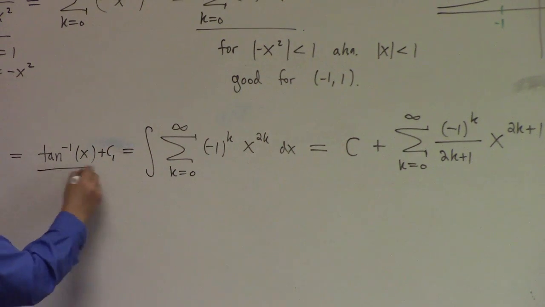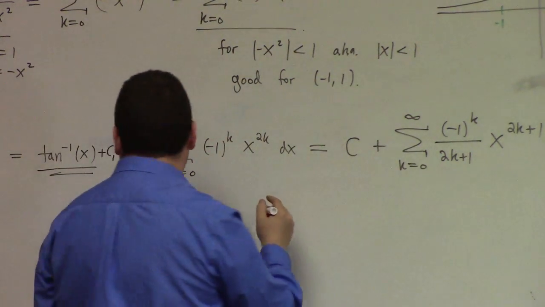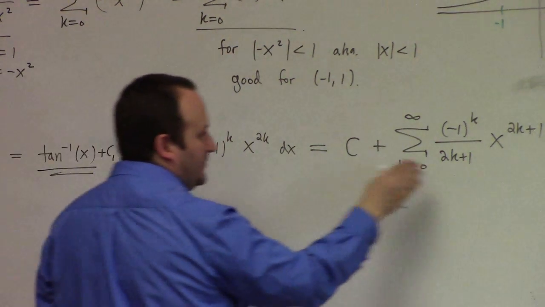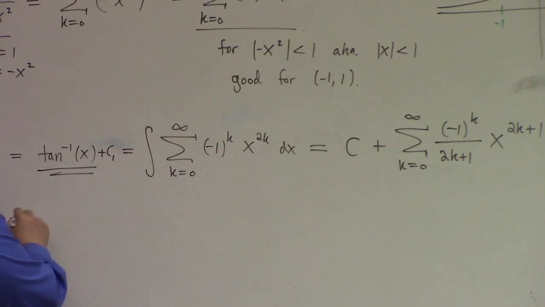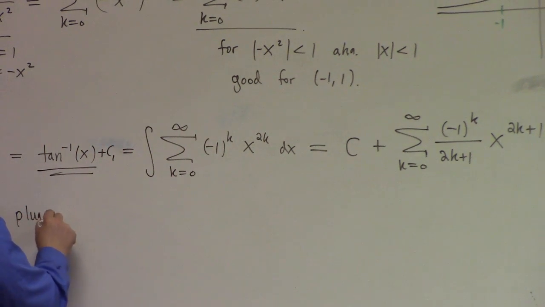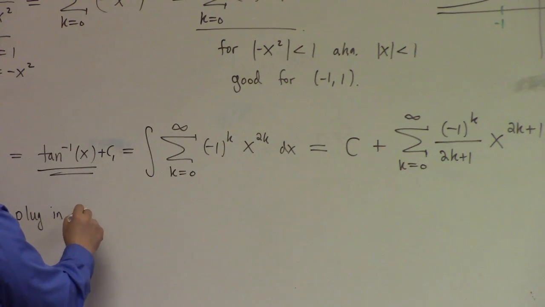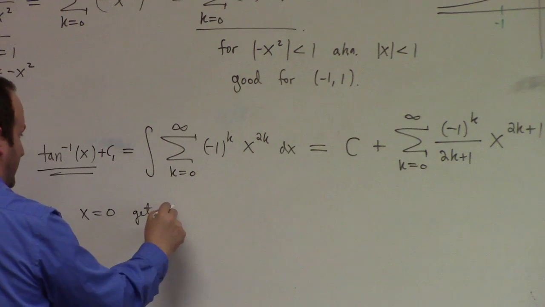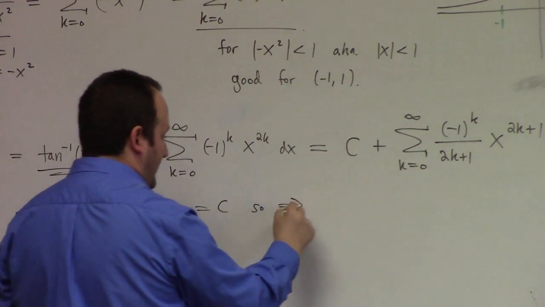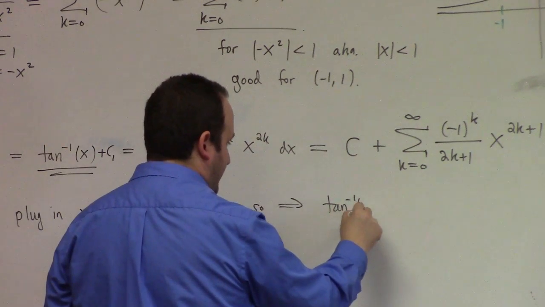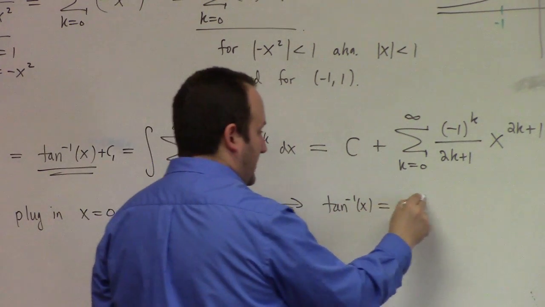So basically we see inverse tangent has to be equal to this series plus some constant. If you plug in x equals 0, we get that c1 is equal to c, so that implies that inverse tangent of x is just equal to that sum.